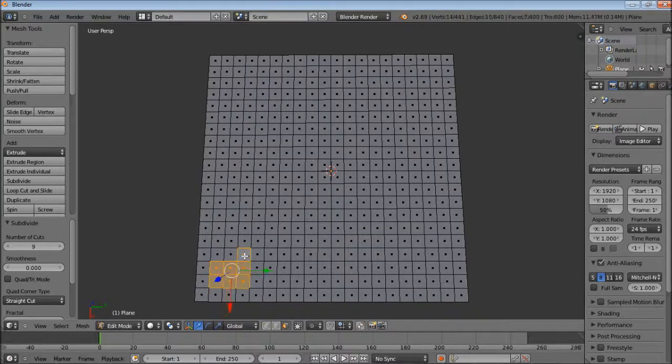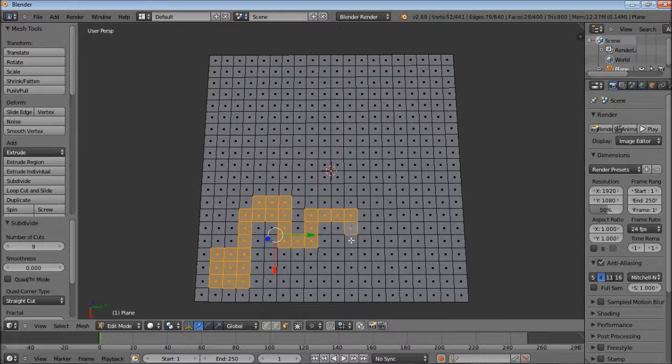Basically it's a process of designing a level. So that's another room, you know, like that, and then, yeah, okay, so you get the idea.